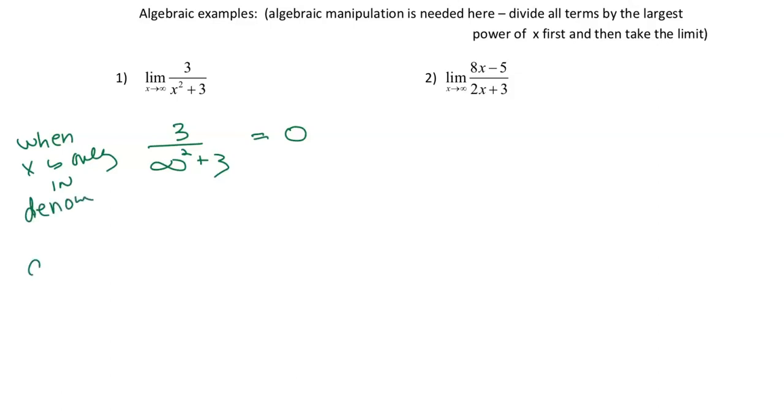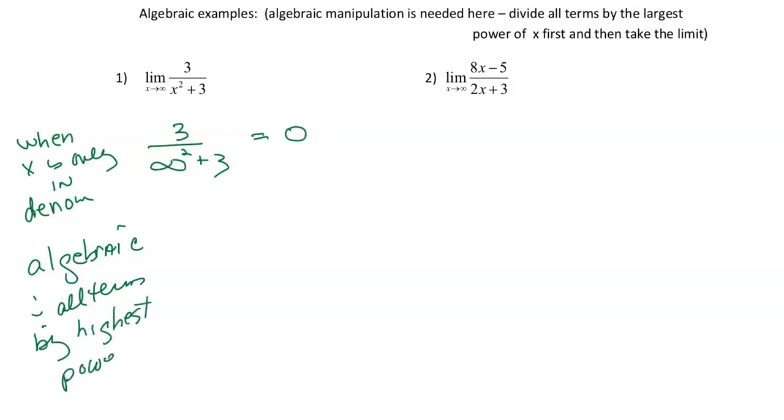What's an algebraic manipulation? An algebraic manipulation is divide all terms by the highest power of x. Okay, so I am going to have to do that algebraic manipulation. I'm going to take my 3, divide that by x squared.